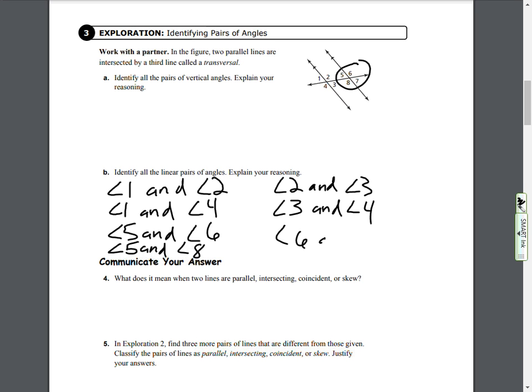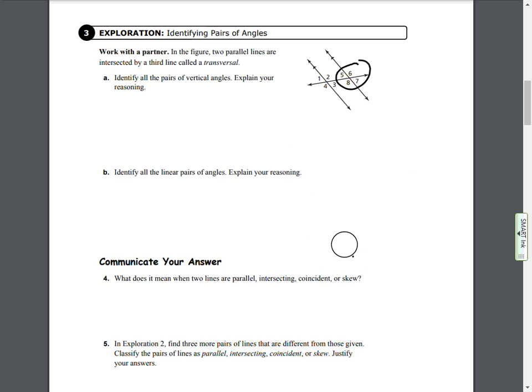Angle 6 and angle 7. And then angle 7 and angle 8. Those are all my linear pairs. I'll let you explain the reasoning why it's a linear pair. They are two pairs of lines that make up one line, or a line, and they make up 180 degrees.